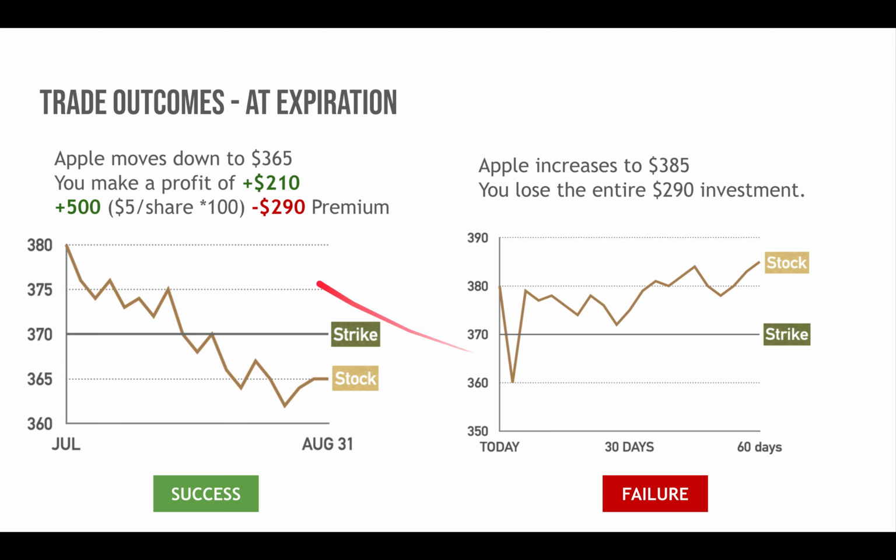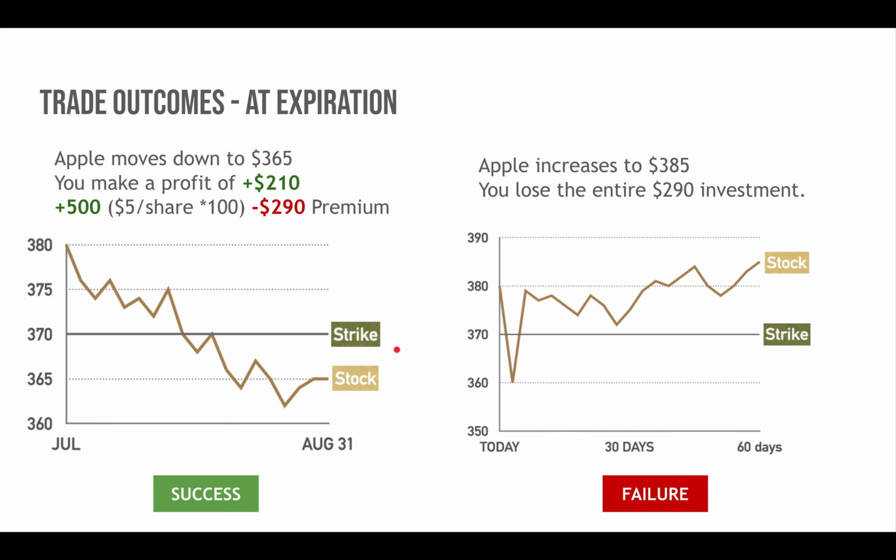Now, the trade outcomes at expiration. Let's say that Apple moves down to 365. This is a successful option. Why? Because the stock price is below the strike price at expiration.